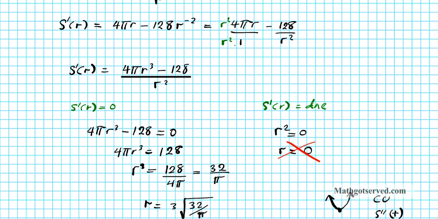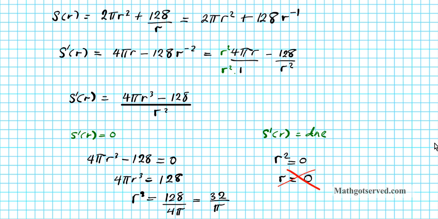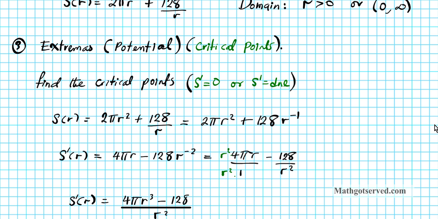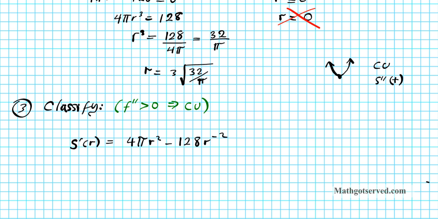So it's going to be 4 pi r minus 128 r to the negative 2. So we're going to differentiate that again.